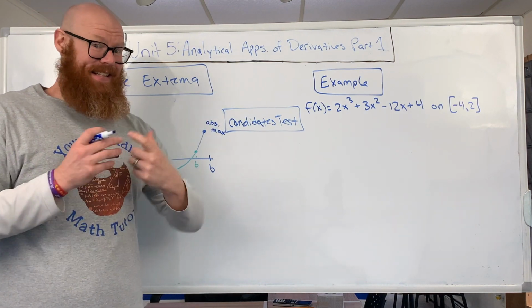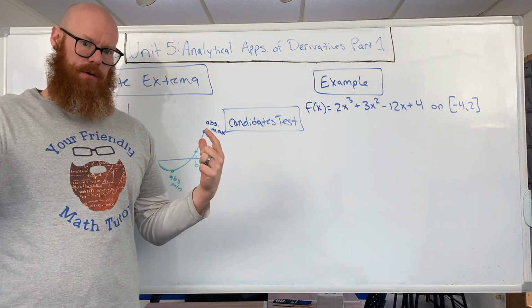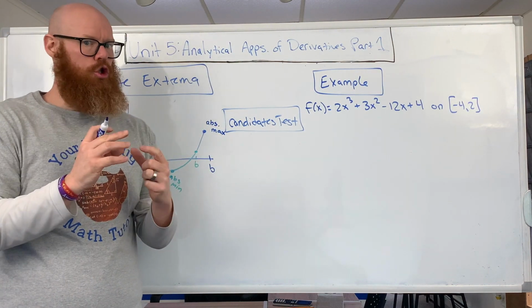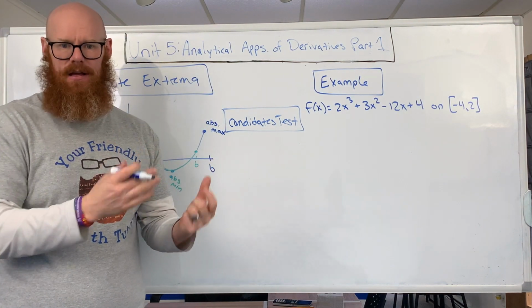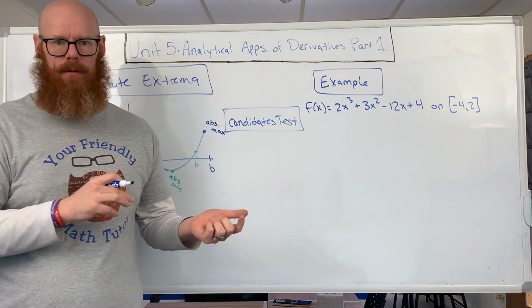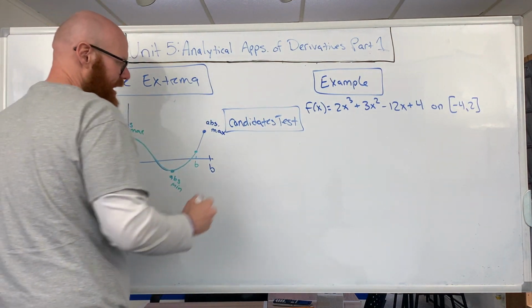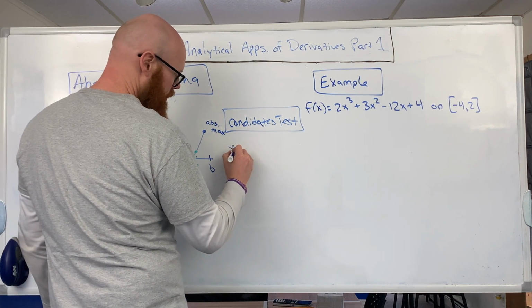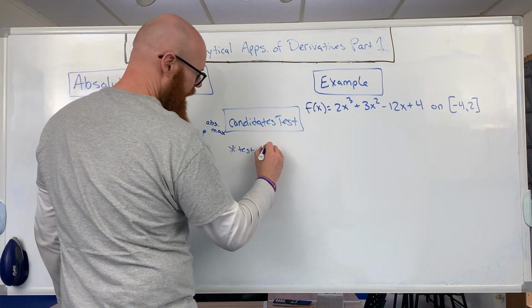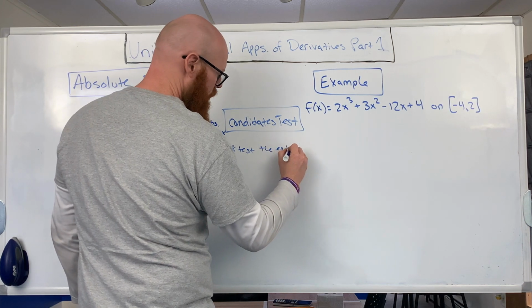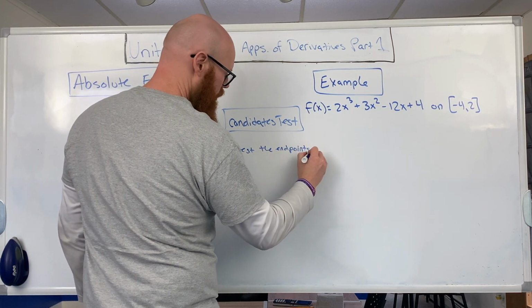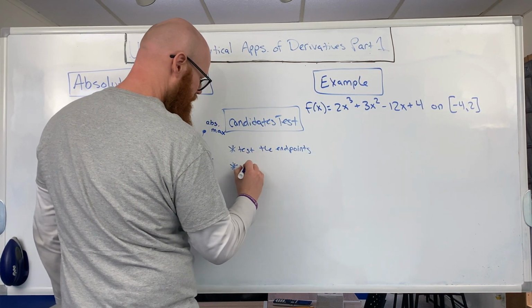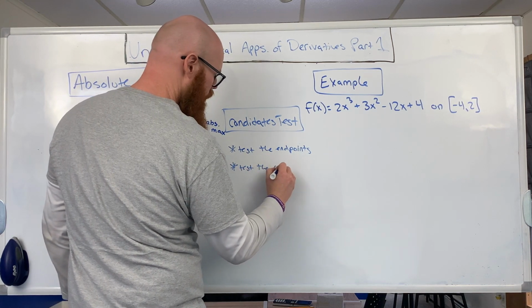So we need to take these infinite number of points between A and B, and we need to shrink it down to what we call candidates for an absolute max or min. So our candidates test says that all we have to do is test the endpoints and test the critical numbers.